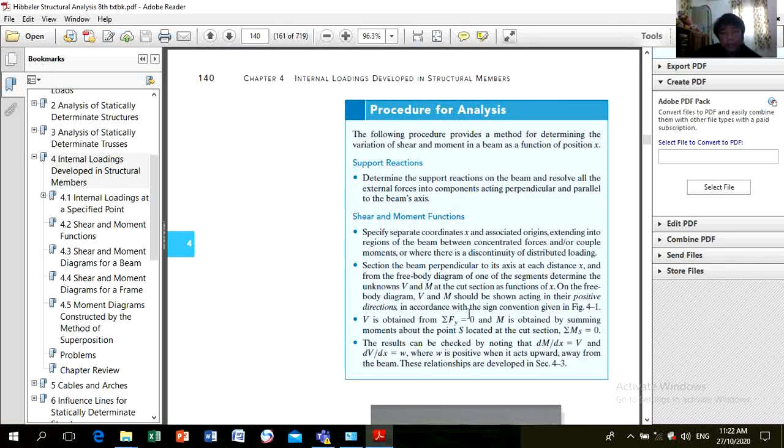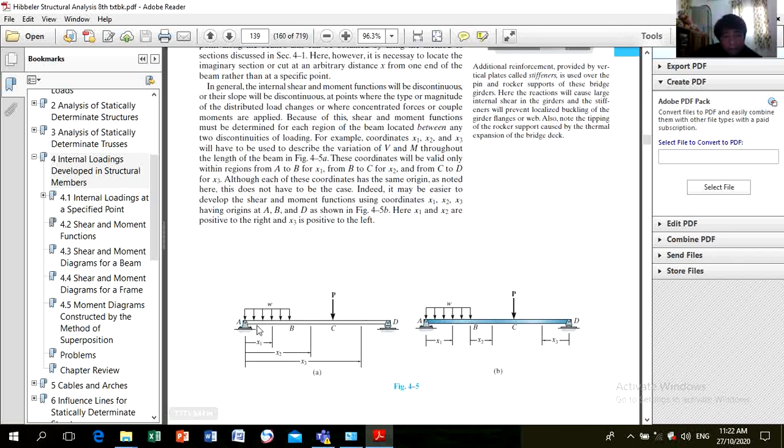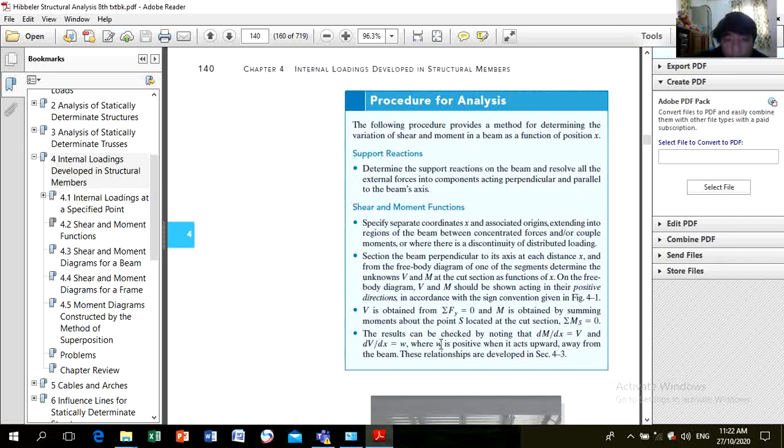So for example here, you have different loadings from A to B. It's uniformly distributed load. From B to D, BCD, it becomes concentrated load. So here we will have at least 3 functions, okay? Because there are 3 varying considerations. Here is considering the load, here is after the load, here is after the load of P. So I have 1, 2, 3, okay?